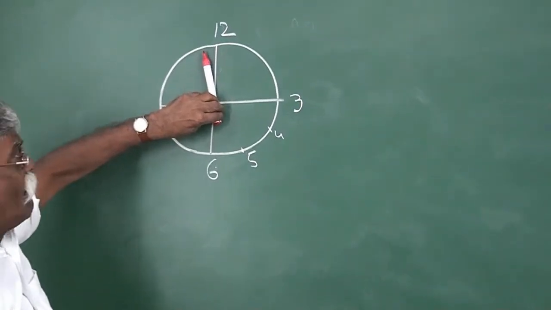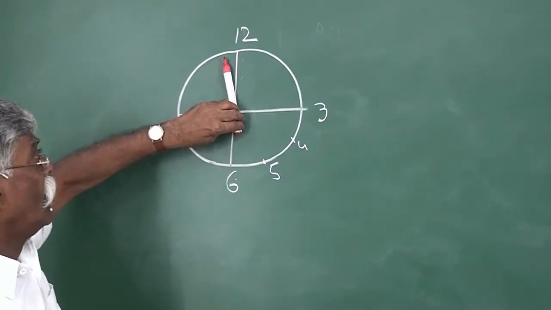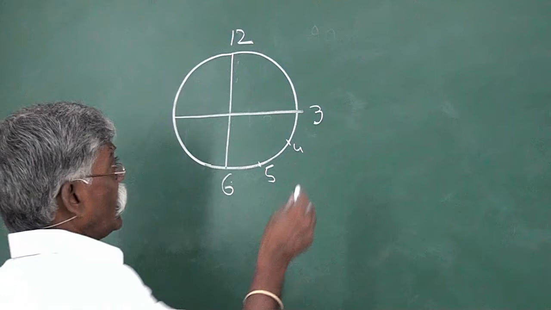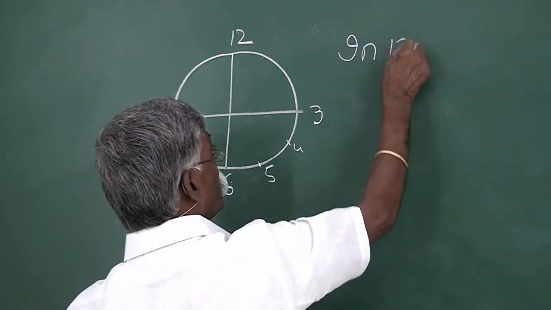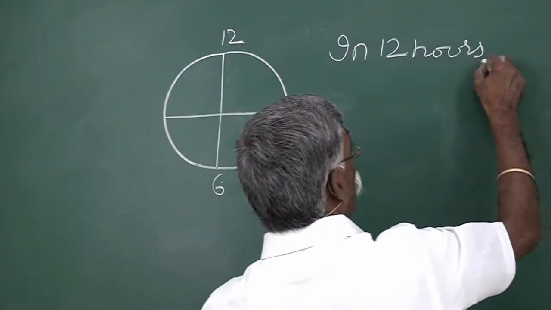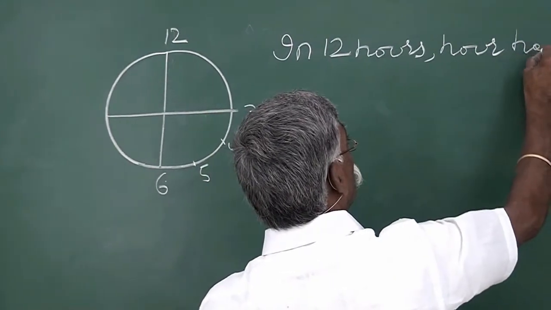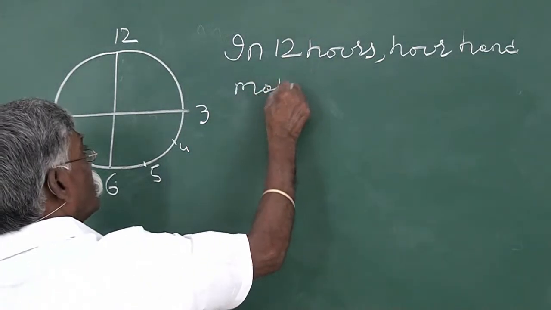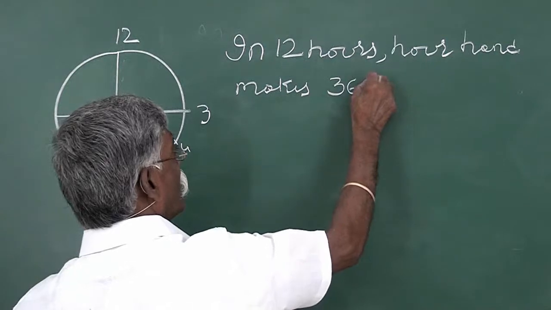So in 12 hours, the hour hand makes 360 degrees.